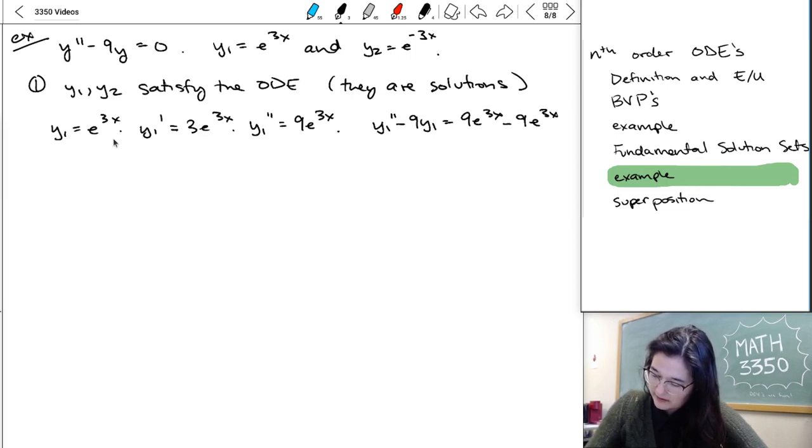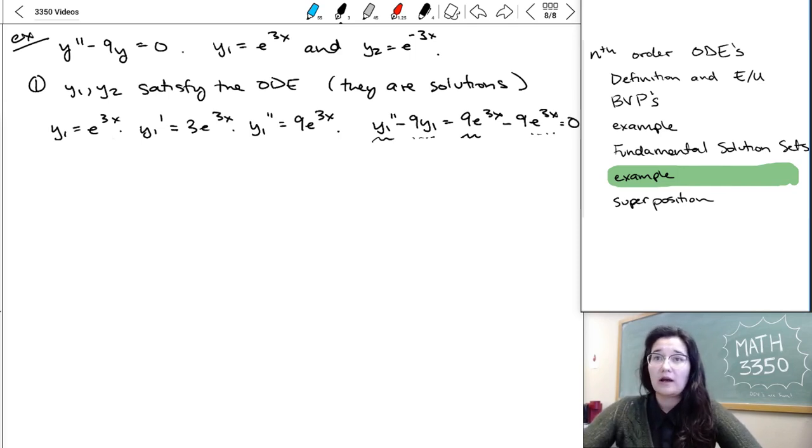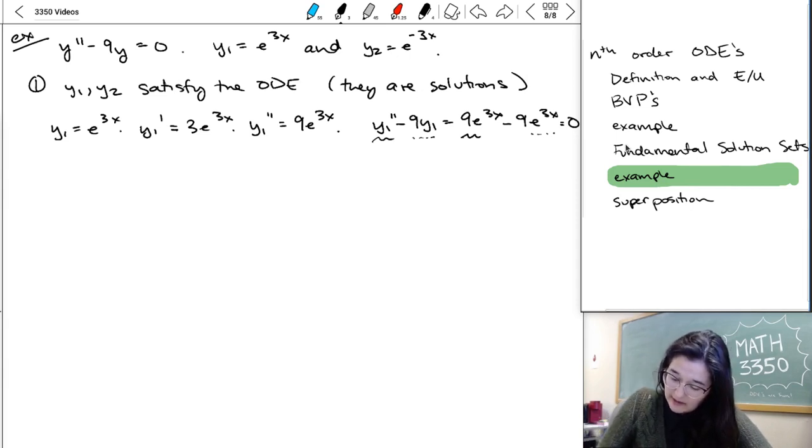And those two cancel out, so I just get 0, which is what I want my differential equation to be equal to. I can do the same with y2, e to minus 3x.